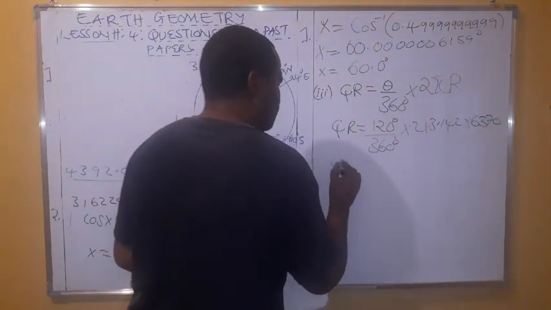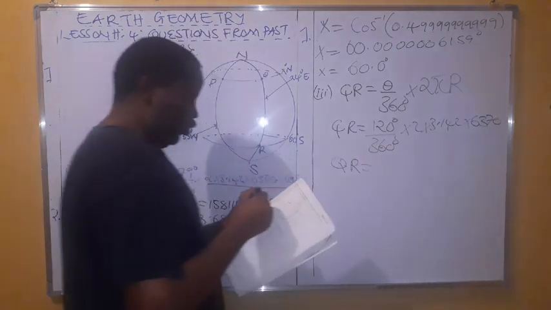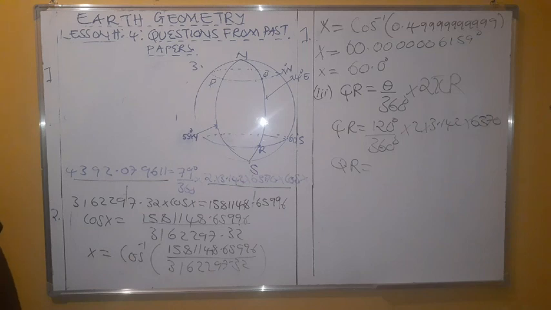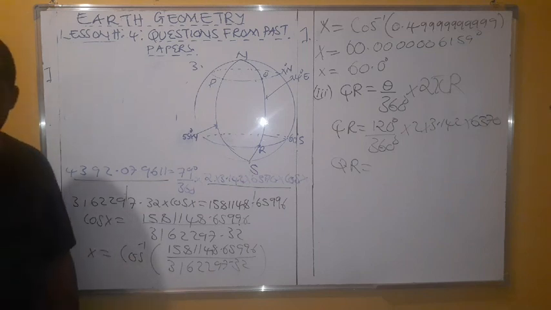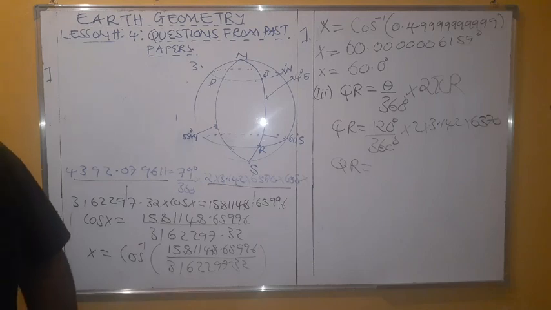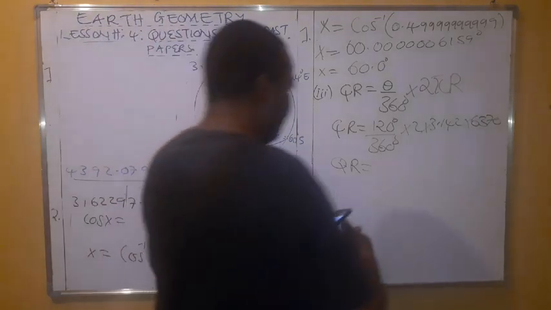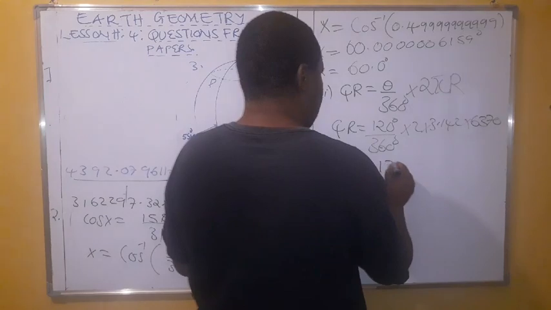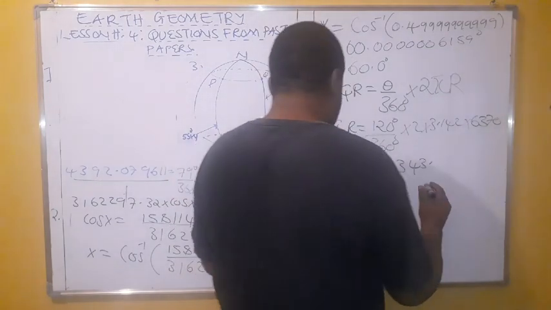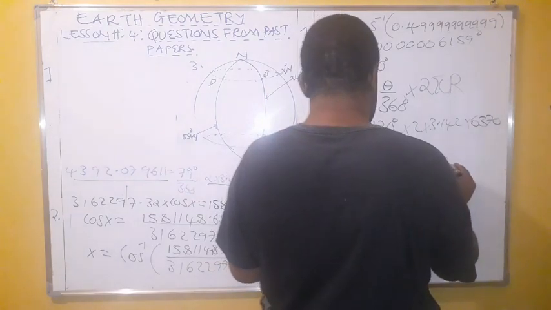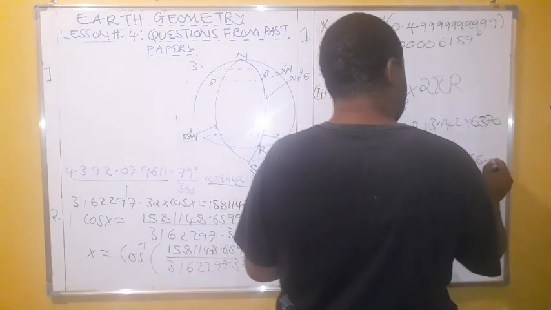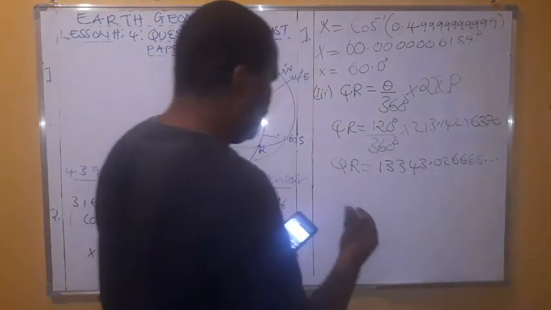QR is equal to, so here we need to work it out. So this is what we are finding: 133.026666. Of course, there are some numbers, you can write them in full. All right.